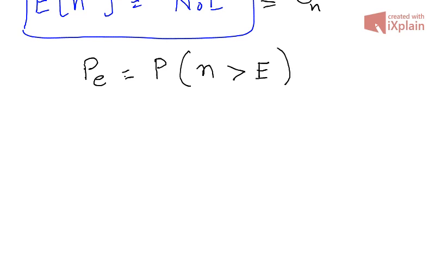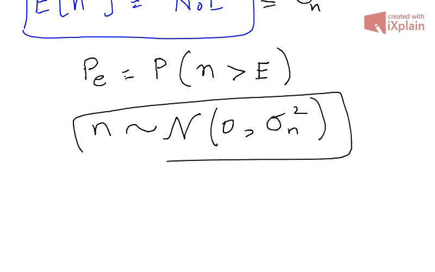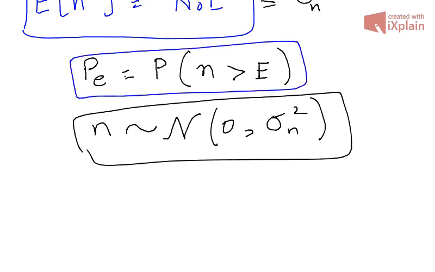And this n is zero-mean Gaussian, normally distributed with mean 0 and variance sigma n squared, which we just found. The variance was unknown, which we just found, so now we can find the expression for our error probability.